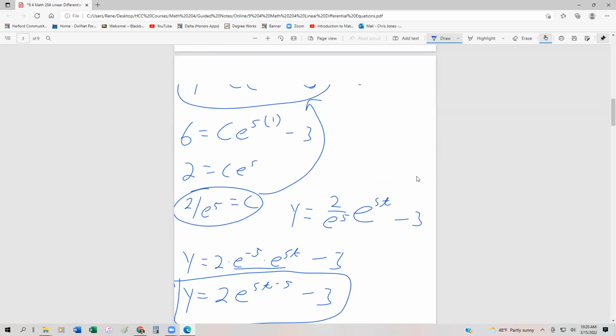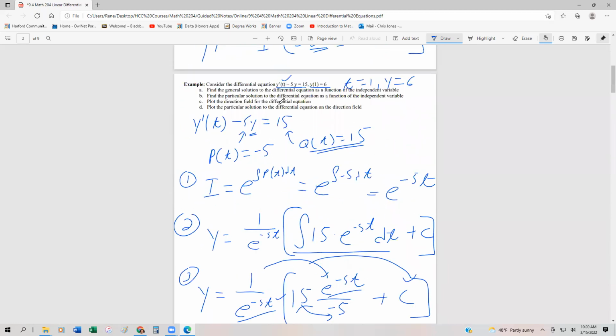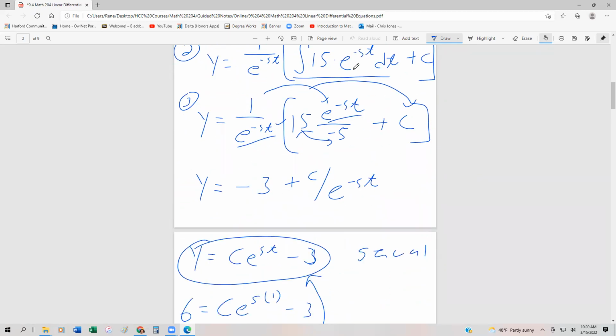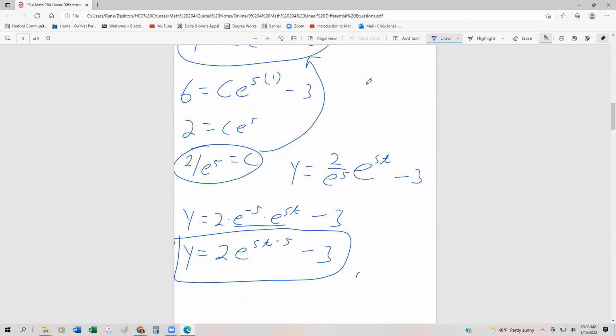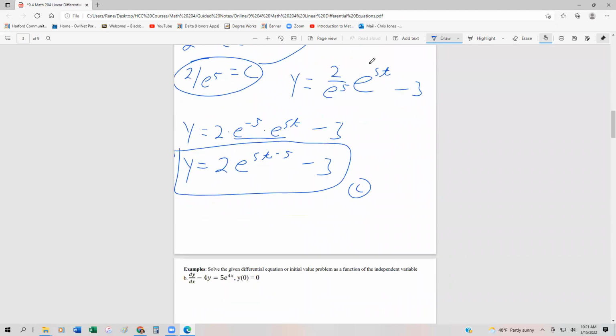All right, now, part C, we are going to plot the direction field, okay, or the slope field for this. And so all we're going to do is just solve it for y prime by adding 5y to both sides, okay? So for part C, remember our original differential was y prime at t minus 5y is equal to 15. So we're just going to add 5y.